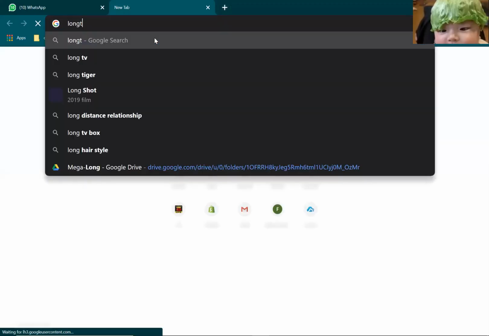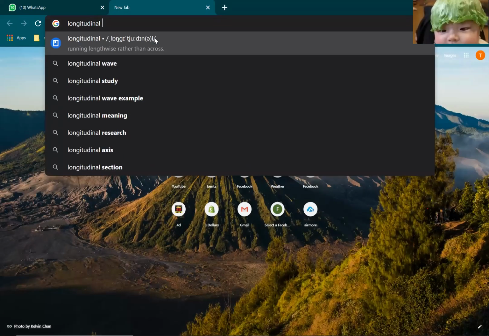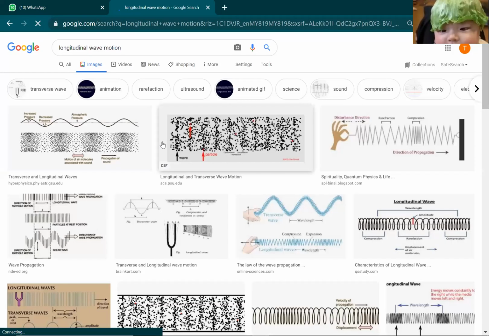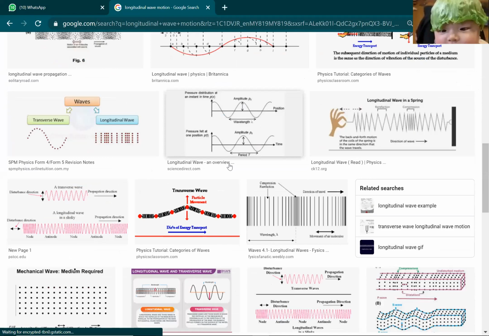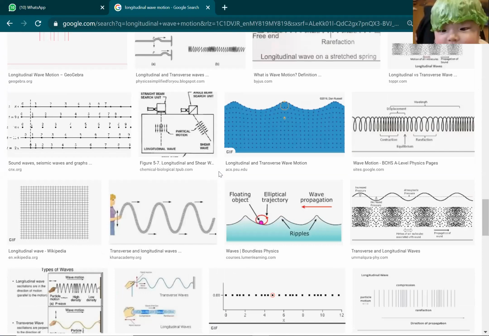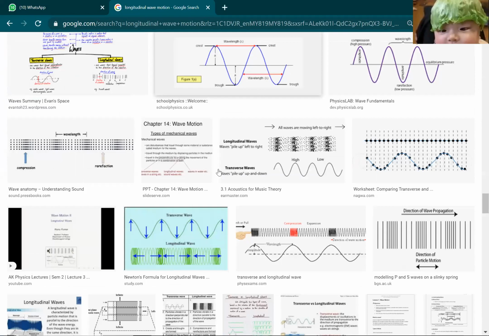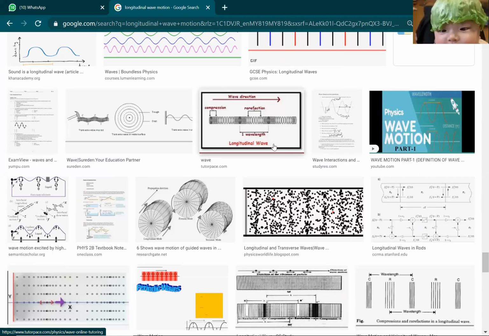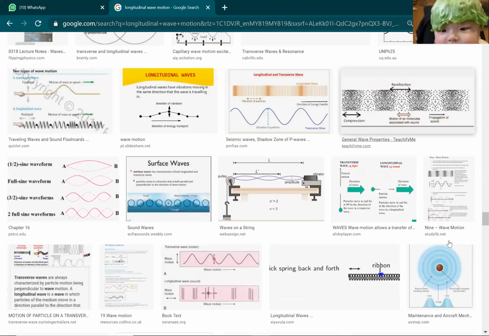Okay, let's do longitudinal wave motion. Wait, let me choose, there's one very good example I saw yesterday.